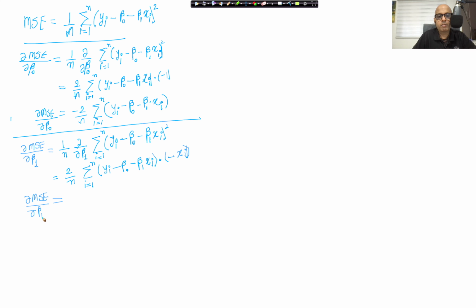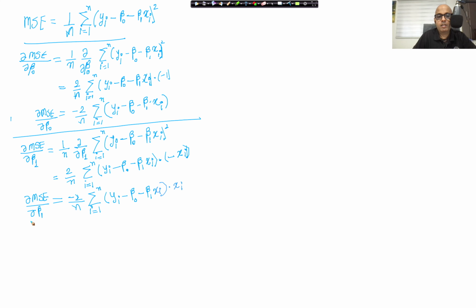This is going to be partial with respect to beta 1, minus 2 divided by n, the summation of i equal to 1 to n, and then in parentheses we have yi minus beta 0 minus beta 1 xi, multiplied by xi.